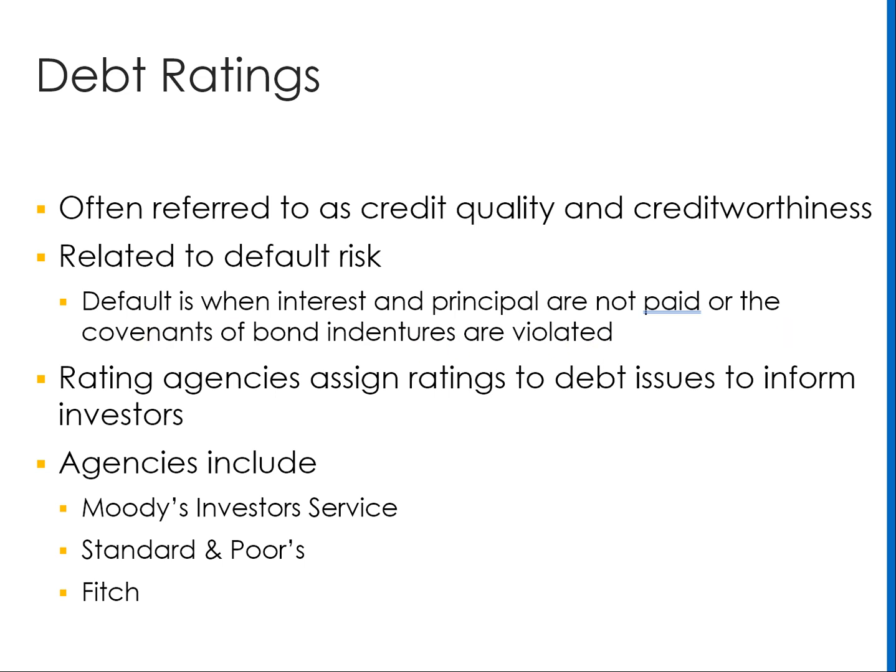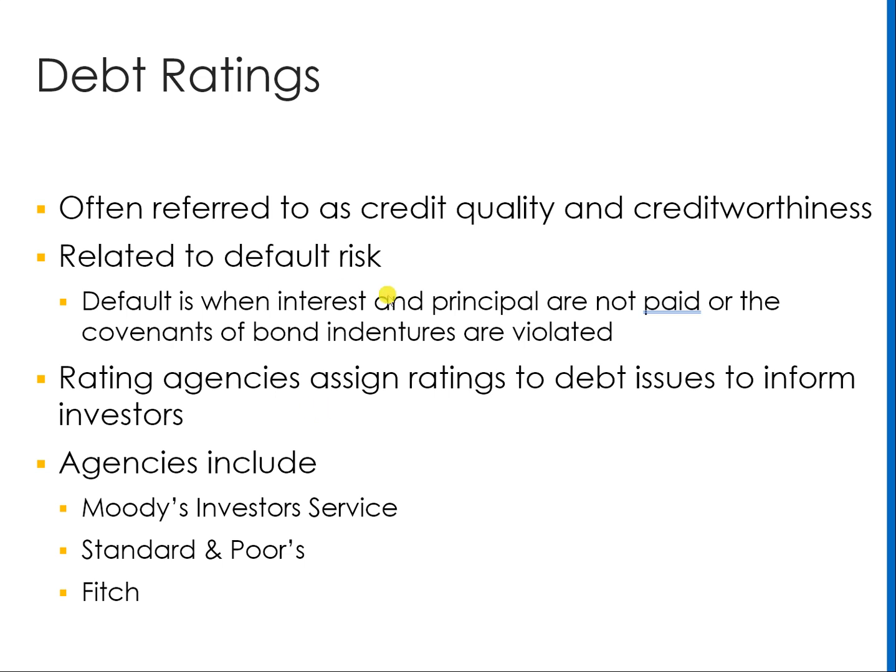So there are some covenants saying, for example, you can't pay dividends. If you pay dividends, you violate the covenant. It's also default, but typically it's about interest and principal payment. If you couldn't pay, you default. That's default risk. The rating agencies assign ratings to debt issuers to inform investors about the issuer's default risk.